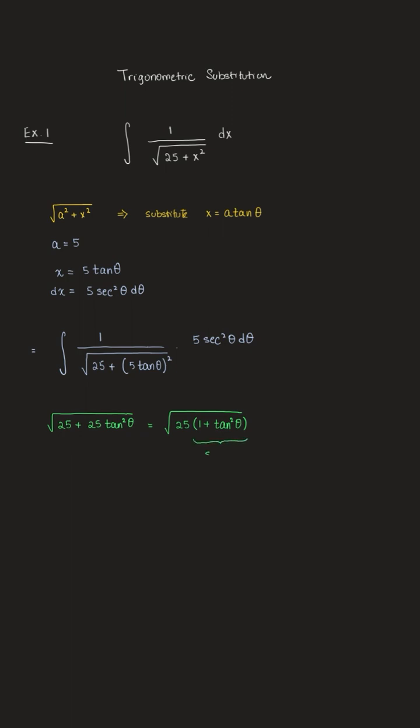This is equal to secant squared theta. And so we'll have the square root of 25 secant squared theta, which we can now take the square root to get 5 secant theta. So this is our denominator.